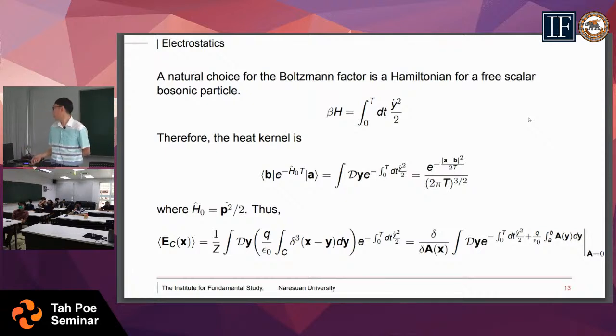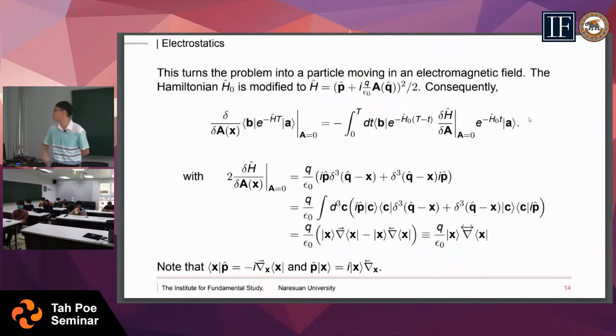And you can see that this action here is very familiar, right? This Lagrangian is basically the Lagrangian for the point particle under the influence of the magnetic field A here.